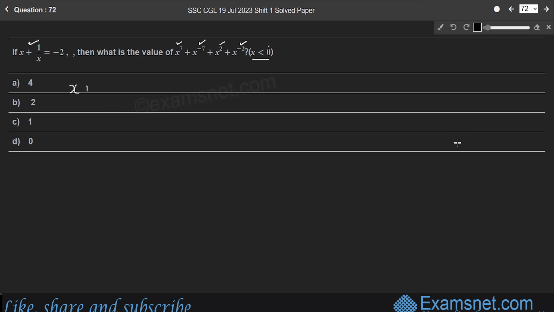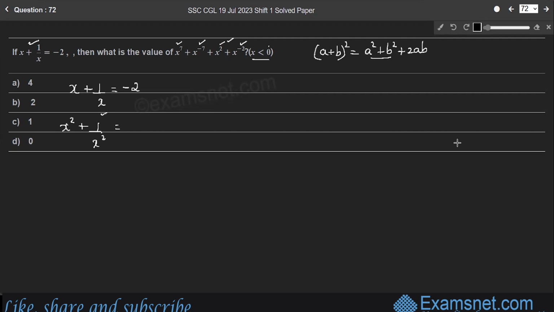Given that x plus 1 by x is equal to minus 2. Let us find x square plus 1 by x square first. Here, students, we are using the simple concept of a plus b whole square, which is a square plus b square plus 2ab. Therefore, a square plus b square becomes a plus b whole square minus 2ab.